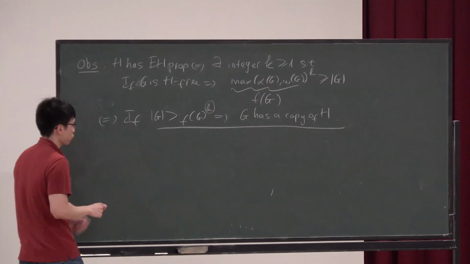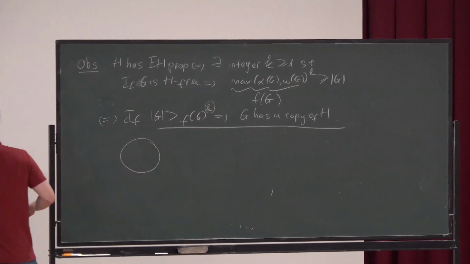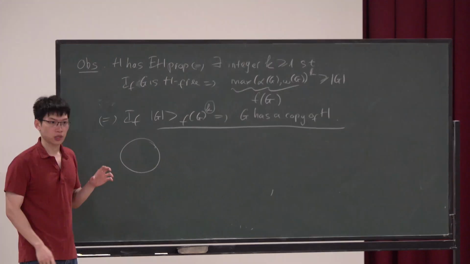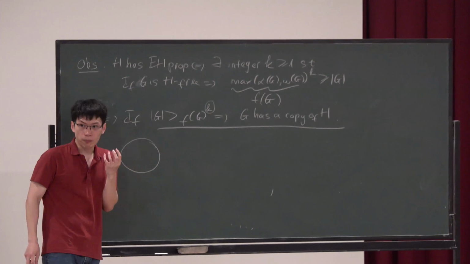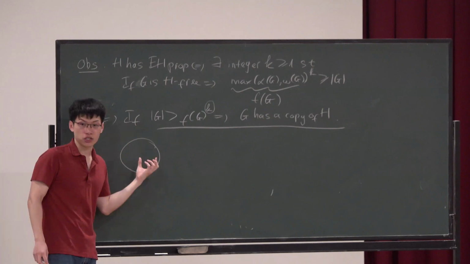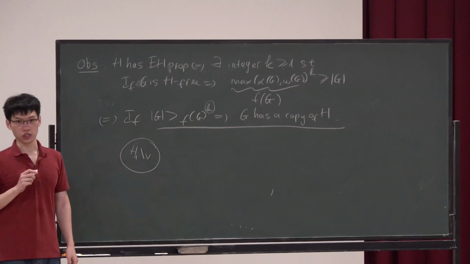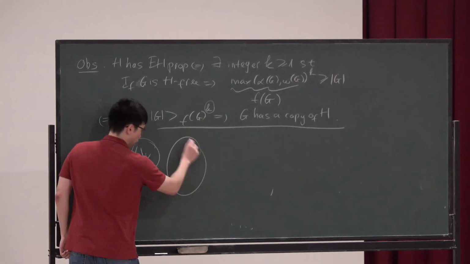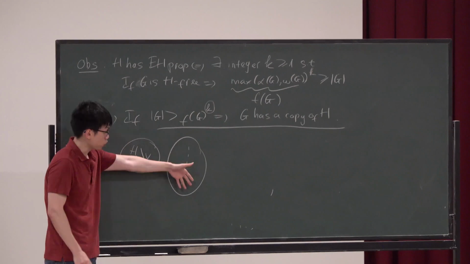The idea here is, among all of these copies of H1, for each of them, I will try to fix the vertices representing H1 minus V. And I will try to see how many copies of H1 are actually extending this copy of H1 minus V. So here, let me say this is a copy of H1 minus V in G. And now I would like to ask in how many ways this copy of H1 minus V can be extended to a copy of H1 in G.